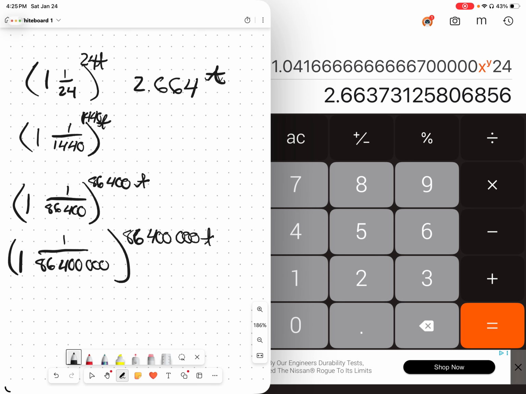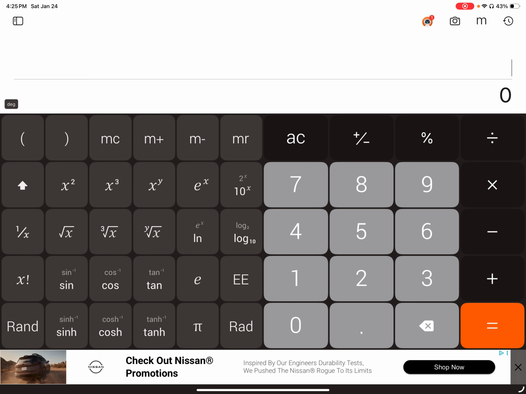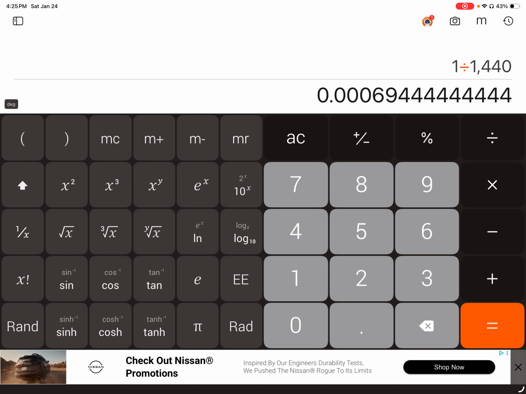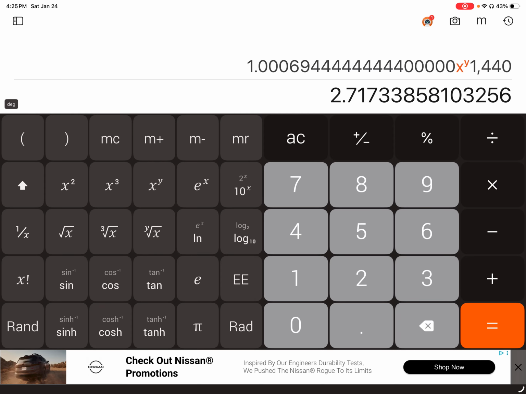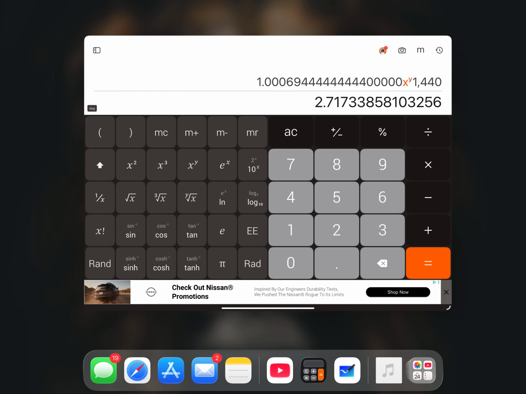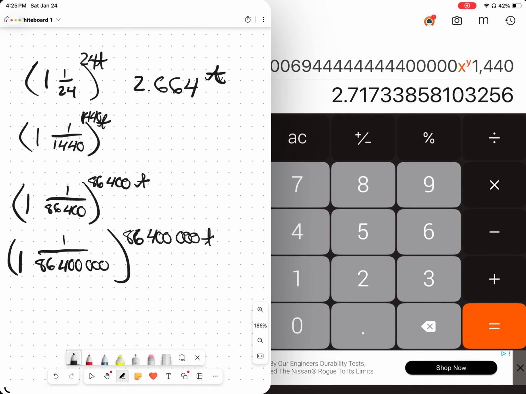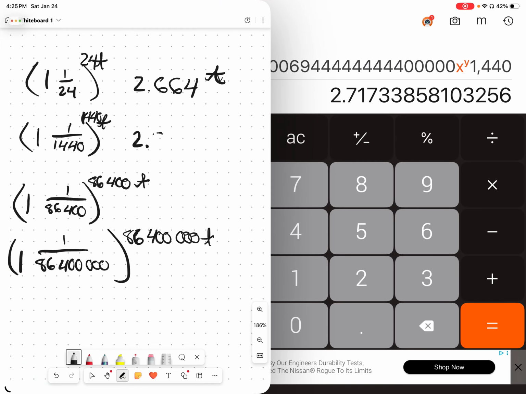If we do it again, 1/1440 plus 1, and then we raise that to the 1440, we get 2.717. So 2.717 to the t.